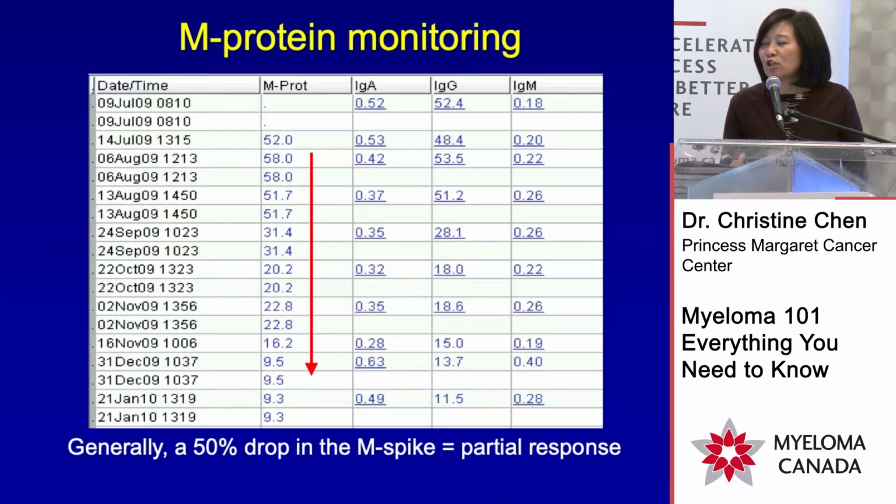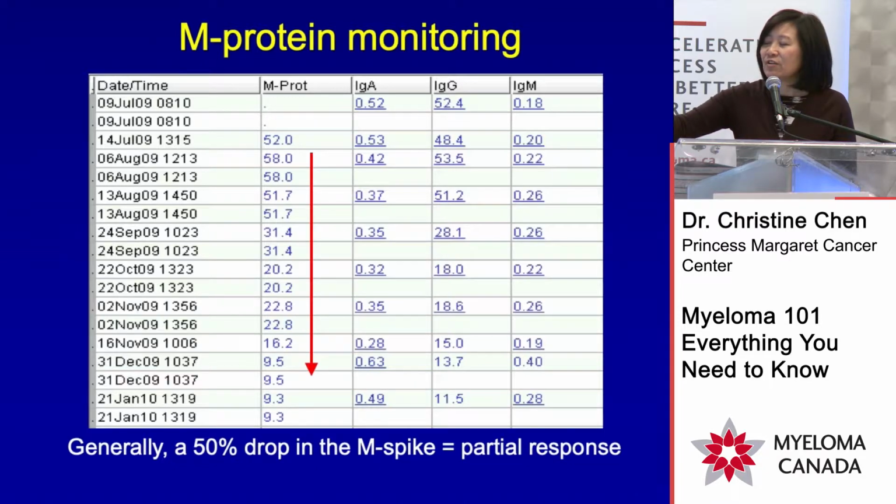Monitoring of myeloma, as I already discussed, is helpful if you do have a monoclonal protein. This is how it looks on our screens at Princess Margaret. We trend things, and you can see that we do the M protein quantification, which is in the column with that red arrow. We measure all the common immunoglobulins or antibodies, the IgA, IgG, and IgM.